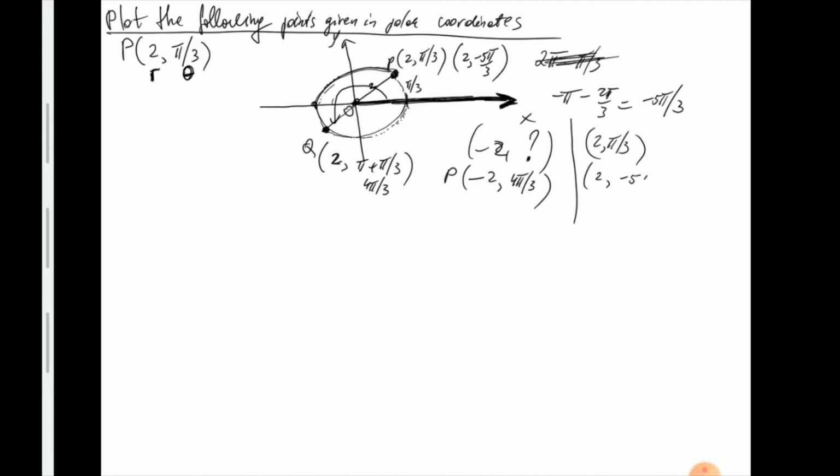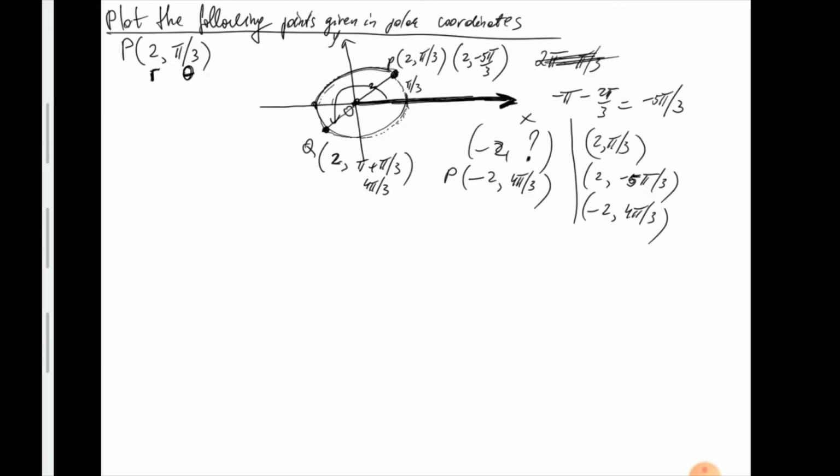One with both positive r and positive theta, one with a negative r and positive theta, and then you can have lots of variations of this, because you can always go full circles multiple times and hit the same point, clockwise or counterclockwise. I'm not going to bother you too much with this because it can be rather tedious, and I'm not going to ask you to represent a point 10 different ways, but just make sure you understand the convention, especially what we mean by negative coordinate for both r or theta.